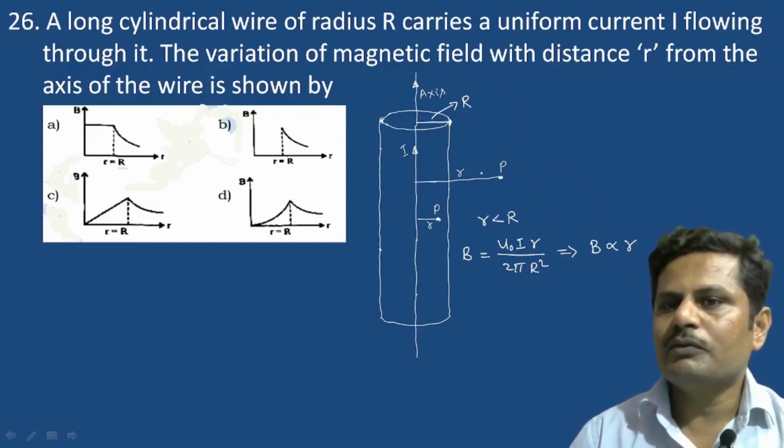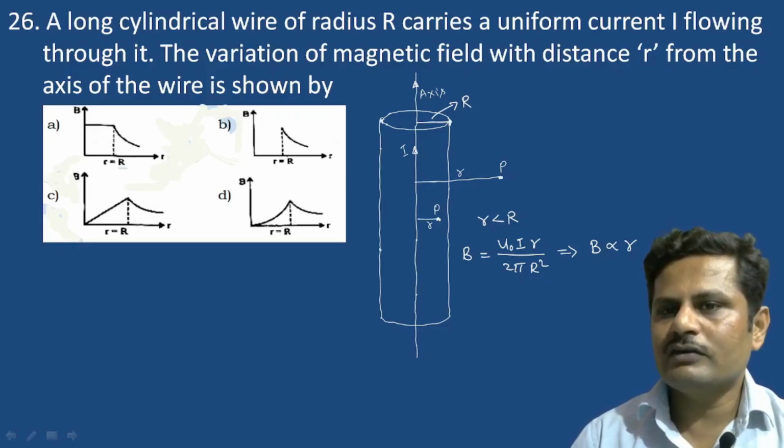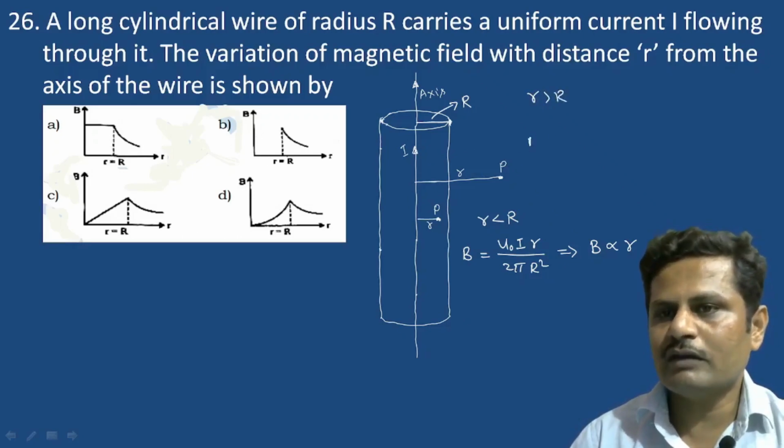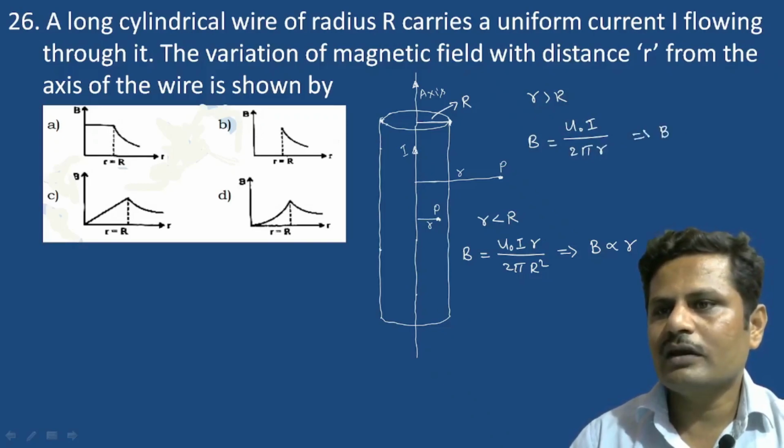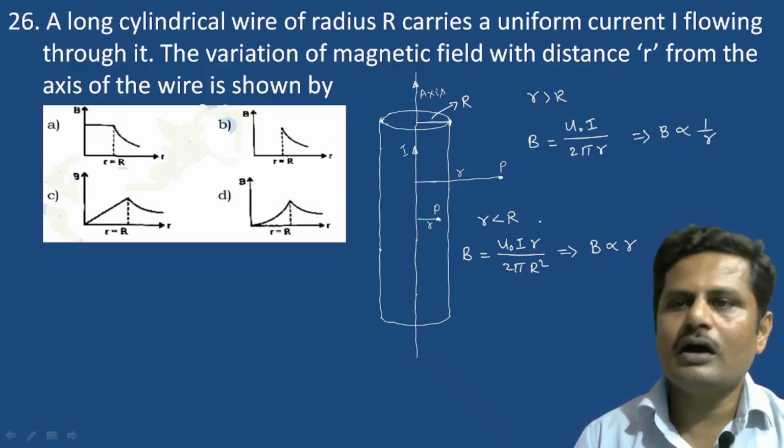Now suppose the point of consideration is at a distance small r which is greater than R. At that time we have an expression for the magnetic field, that is μ0 I divided by 2π r. This implies that the magnetic field is inversely proportional to r outside it.